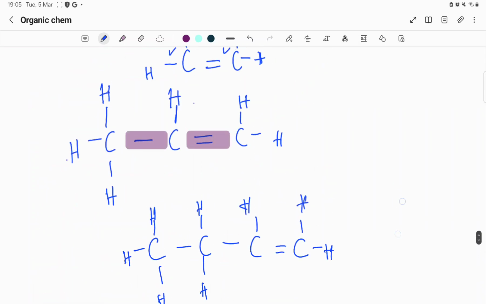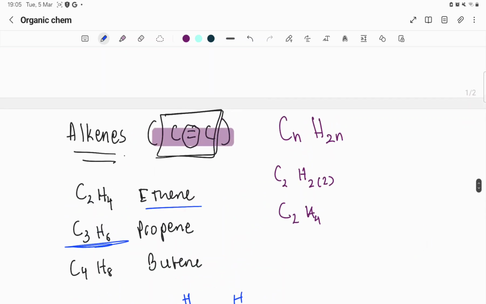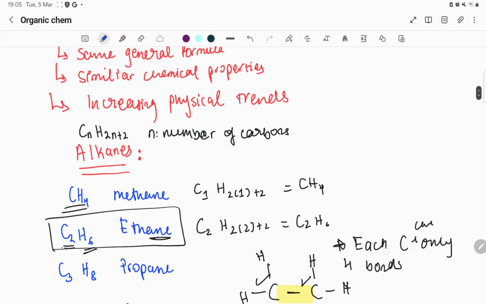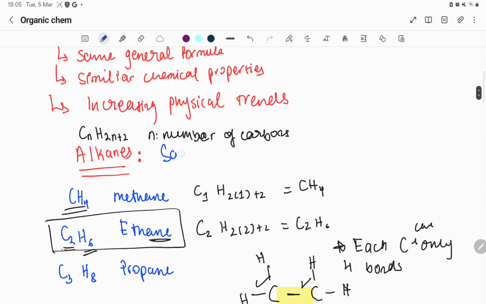One other thing that you guys need to know is alkenes are called unsaturated compounds because of the double bond. So they are called unsaturated compounds. Very important. They might ask you this in your MCQs maybe. And alkanes are called saturated compounds.